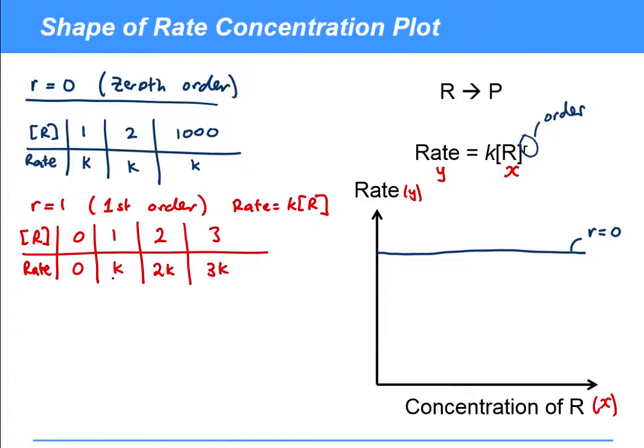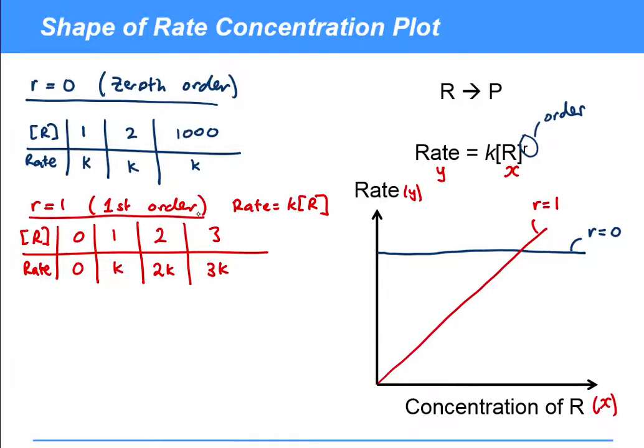So we've got a simple direct proportional relationship where for every increase of 1 in concentration, we go up by K in rate. So that's going to look something like that. So that's going to be r equals 1 in this case.